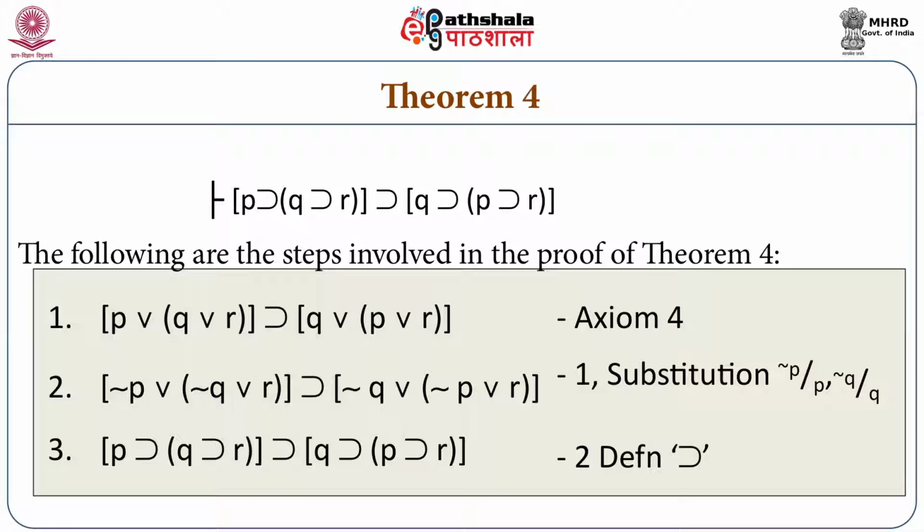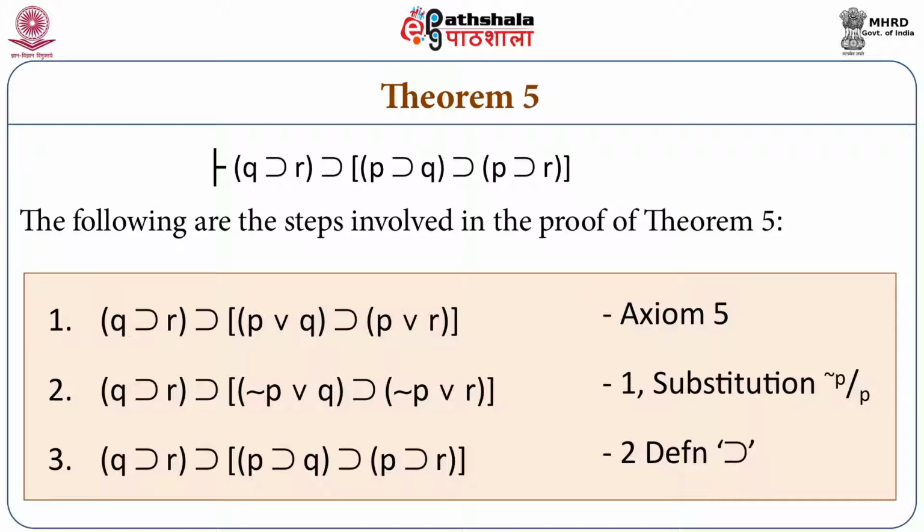If P implies Q implies R, then Q implies P implies R. In other words, if for a truth of a sentence R, we have two conditions like P and Q, then we can also change the position of the conditions. So P Q has become Q implies P implies R, and it doesn't affect the truth of the sentence.